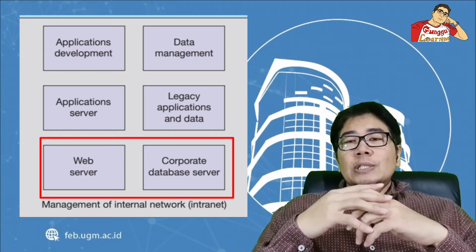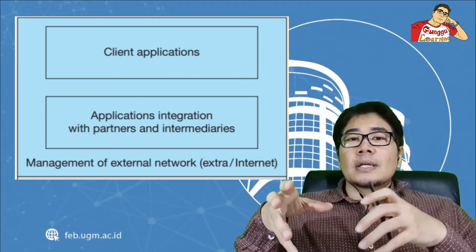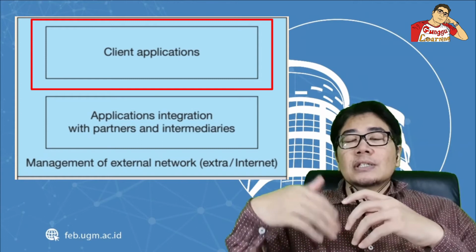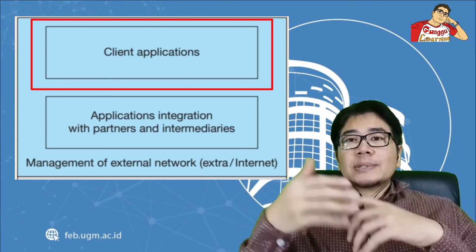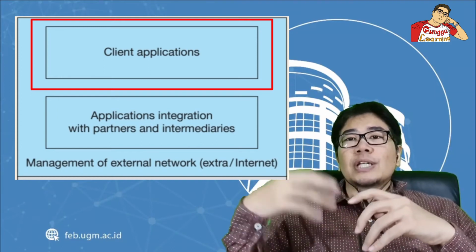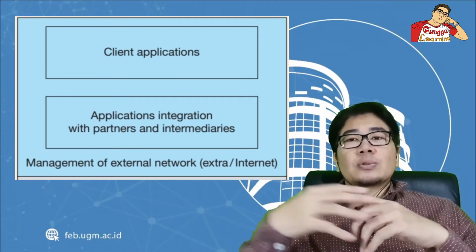For the extranet or internet applications, management needs to make sure that the clients can access and that the clients' applications are compatible with the digital services provided by the company. For example, in choosing the appropriate ISPs, as we have discussed earlier.